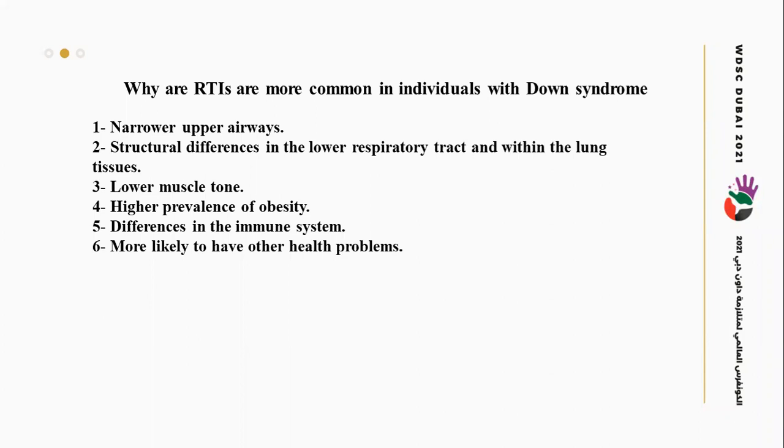They have lower muscle tone than others, which makes them more likely to develop infections. And they have higher prevalence of obesity, and they have differences in their immune system. And most of them are more likely to have other health problems like heart diseases and other diseases.